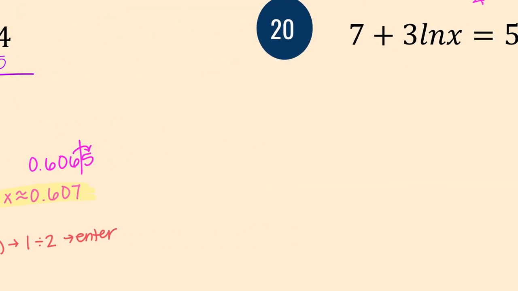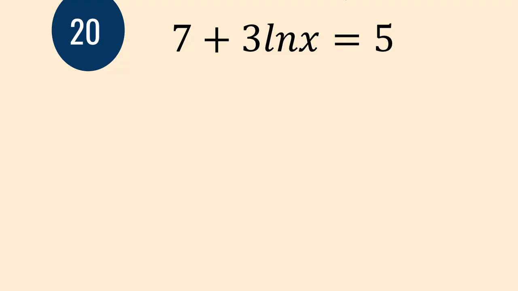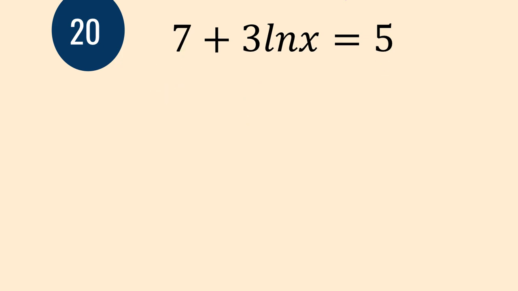All right, looking at the next question, number 20, same process. I'm going to subtract 7 from both sides of my equal sign. I'm going to end up with 3 elephant, or you know what, let me do this part first. If you want, you can change your ln to log base e at the start.